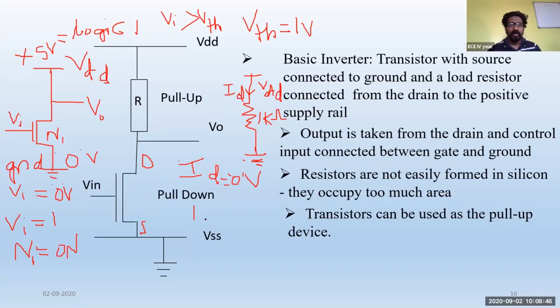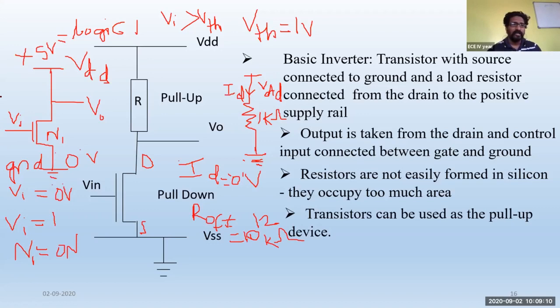Whenever this transistor is acting as an open circuit, the resistance R off will be equal to 10 to the power 12 kilo ohms. Whenever it is on, the resistance will be 1 kilo ohm. Whenever it is off, the R off is going to be 10 to the power of 12 kilo ohms. So this is how your N transistor will be working.